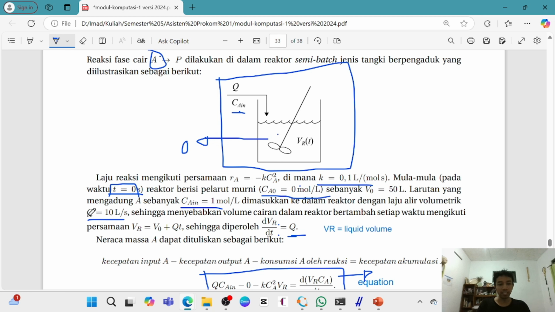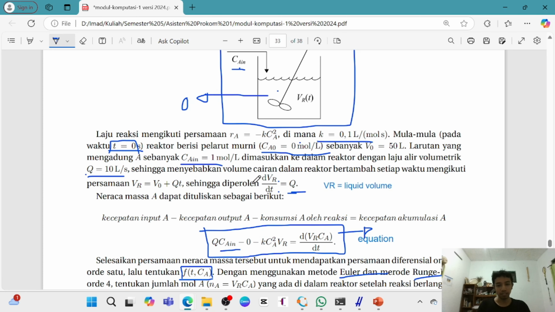Then we have the k, which is the debit. Yes, the debit is dVr per dt. The Vr is the liquid volume, and the difference of liquid volume in terms of time is the debit, right?